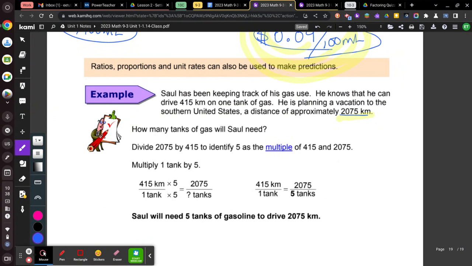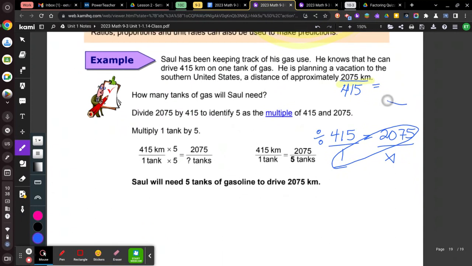So we need to be able to cross multiply. We're going to have 415 over 1 equals 2075 over X. So it's a cross multiply, then divide by your number. Or you could have just divided by 415. Same answer. 2,075 divided by 415, we're going to get an answer of 5. So it takes 5 tanks of gas for him to drive that far. That's what that's telling us.